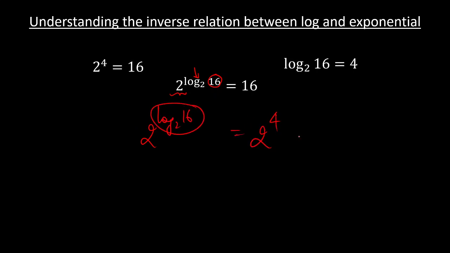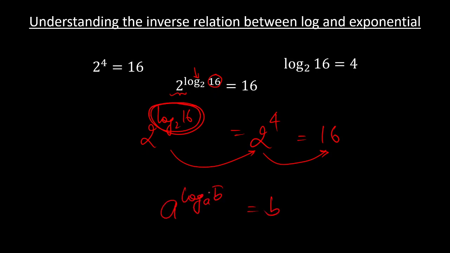So 2 to the power 4 and this is 16, right? Even if you are not able to solve the log here, still you can understand that a to the power log base a of b will be b, because you have taken b and you have applied logarithm of base a and then exponential of base a on b, and these are inverse relations and they will give you back b.